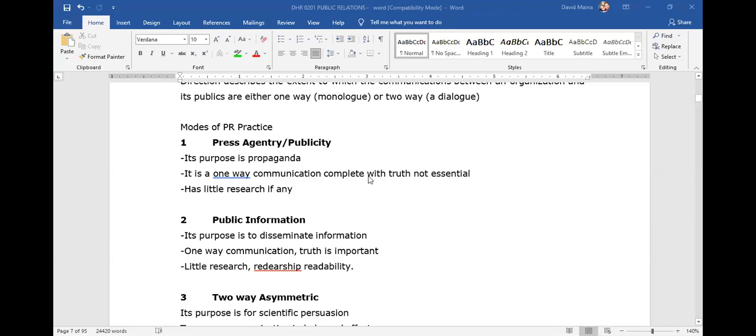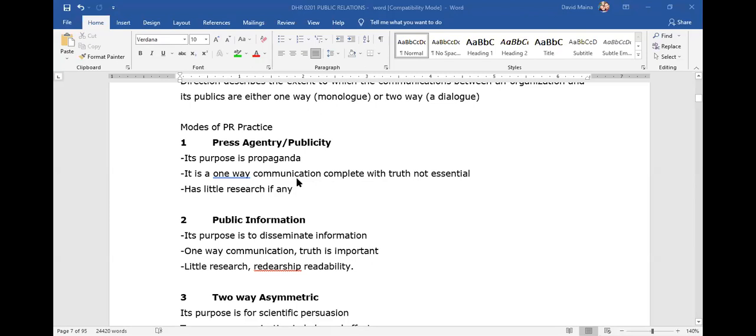So we have press agentry, its purpose is propaganda. When you talk about press agentry, you realize that it is one-way communication, like the media. The way the media communicates, it's one-way communication. That's why its purpose is propaganda, and that's why it's called press agentry or publicity. Like when you're publicizing your company, you are saying we are the best in delivering.